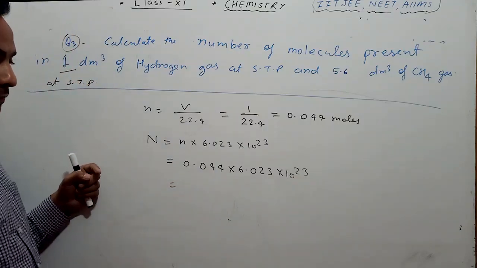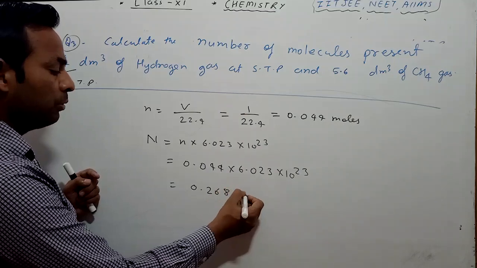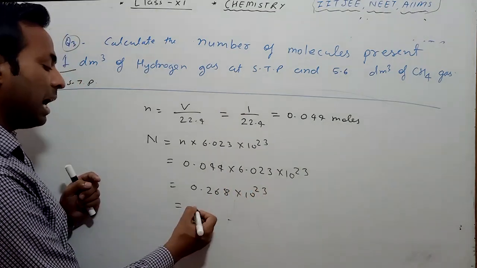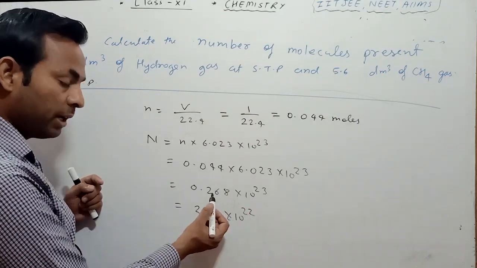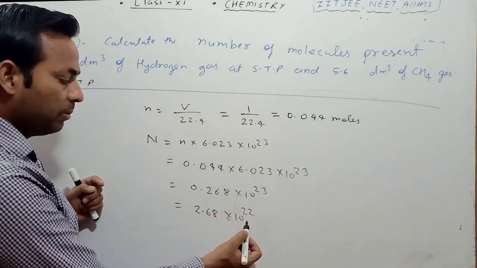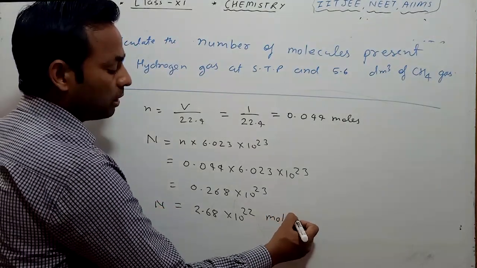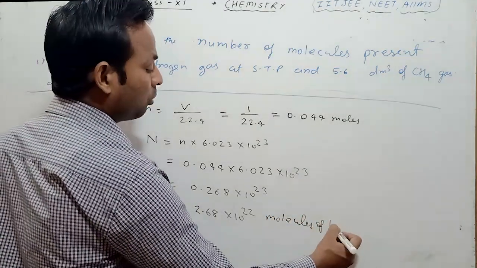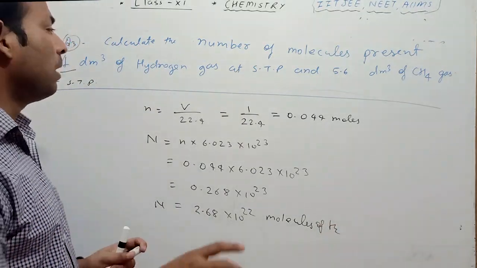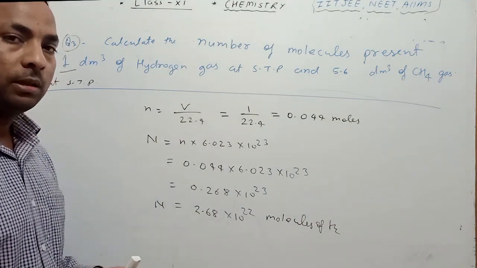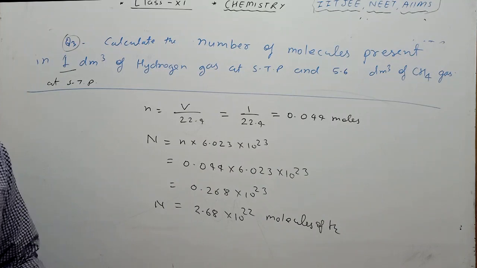After multiplying, the value will be 0.268 into 10 to the power 23, or 2.68 into 10 to the power 22. Here one power will be decreased. So this is the number of molecules of hydrogen in 1 decimeter cube volume of hydrogen at STP. Similarly, that question also we have to do. So first take a screenshot.